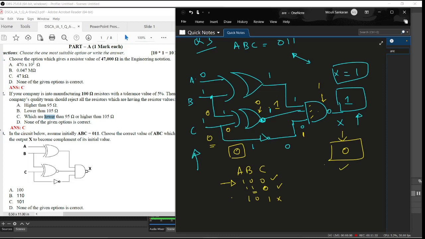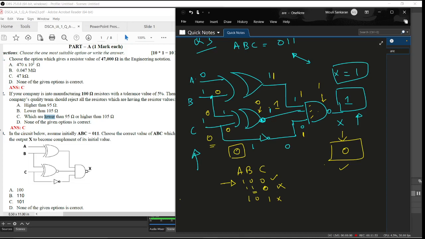So B is ruled out. Now still you cannot choose A as an option, because none of the given options may be correct. So maybe this A being 1 may also be wrong. So we need to verify it. Now we know that this has to be 1. This needs to be 1. In that case, we know now B is 0.